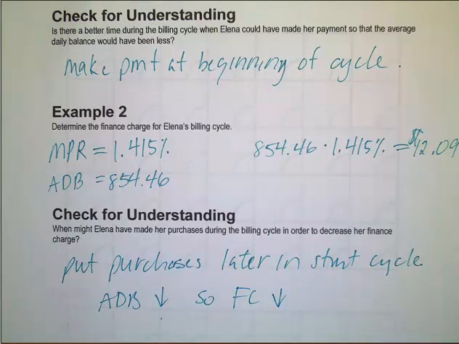Okay? Just like in the check for understanding up here, if she had made her payments earlier, her average daily balance would have been lower, so her finance charge would have been lower. Okay?